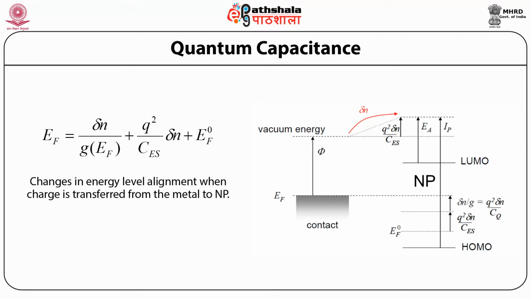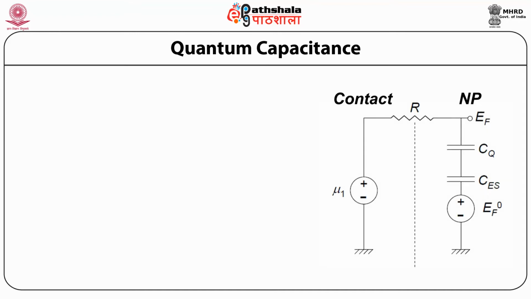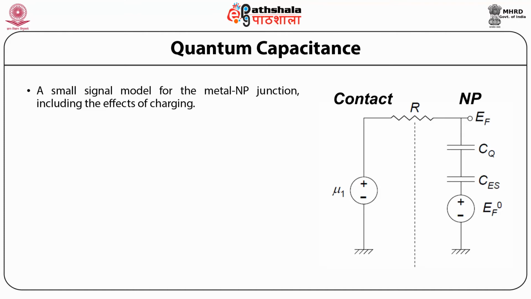In addition, the transferred charge fills some previously empty state in the nanoparticle. Both the effects change the Fermi energy in the molecule. So this figure shows a small signal model for the metal nanoparticle junction, including the effects of charging.